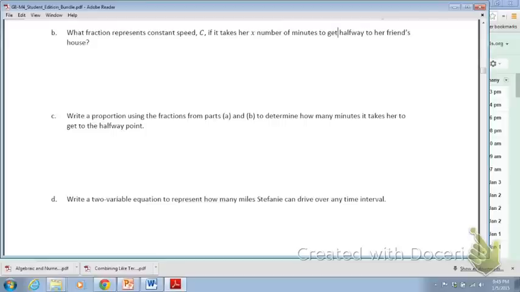Okay, part B here asks, what fraction represents constant speed if it takes her X number of minutes to get halfway to her friend's house? So again, our constant speed will be distance over time. We need to know the distance and the elapsed time.